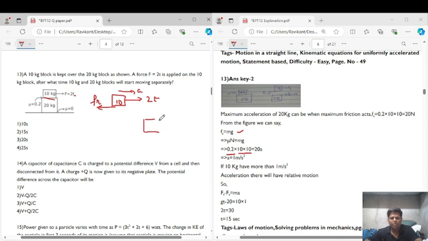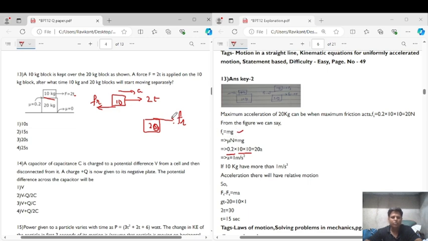And for the 20 kg block, there is only one force acting, that is the frictional force, because it is on a smooth surface, right? So from here we get Fs equals mg, and Fs is also equal to mu into the normal reaction force.